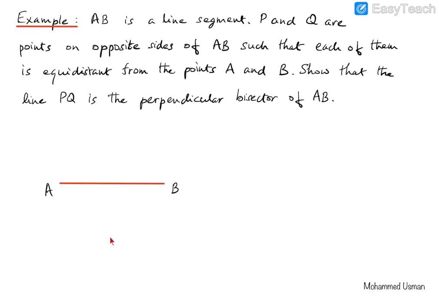Similarly, we place a point Q on the other side here, on the opposite side. The distance of Q from A and the distance of Q from B is also the same. So let's mark these points approximately here.